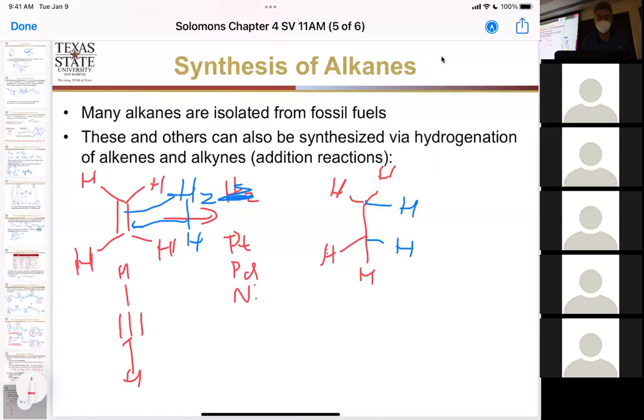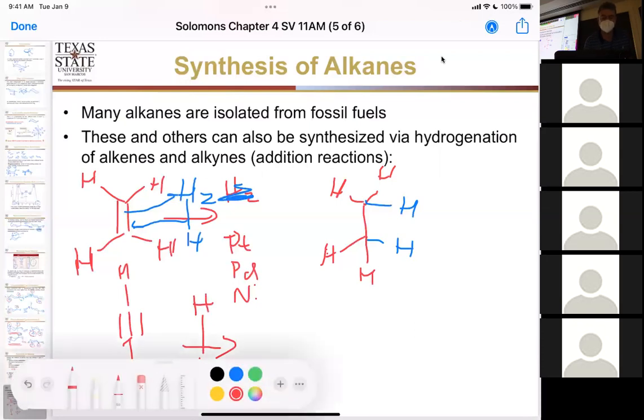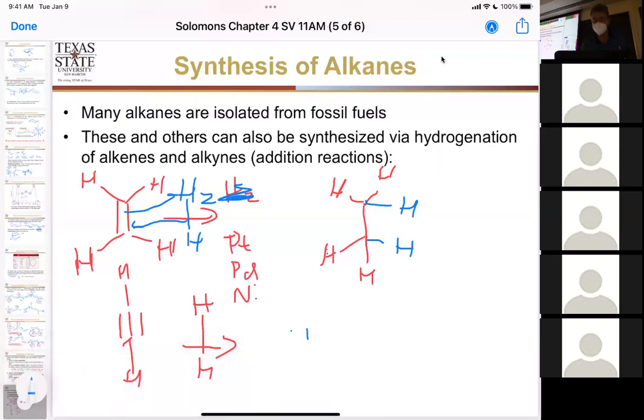And we can do the same thing with the same catalyst on acetylene, but we have to do it at least once or twice. We can do it once and get it to go to an alkene, but the alkene reacts with the same catalyst system, so it can do it again and go all the way down to the alkane.